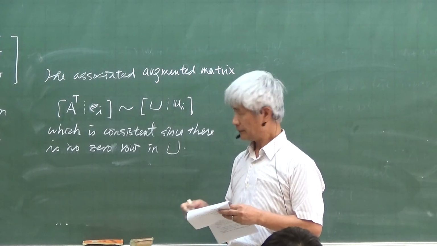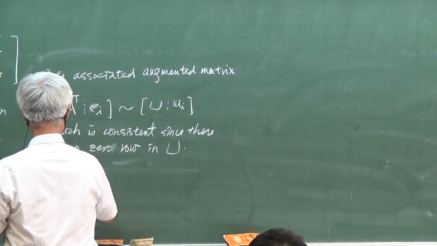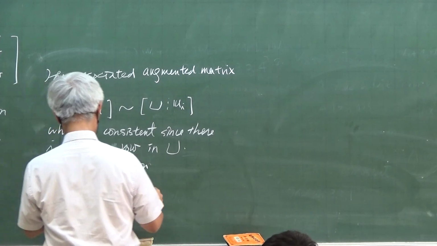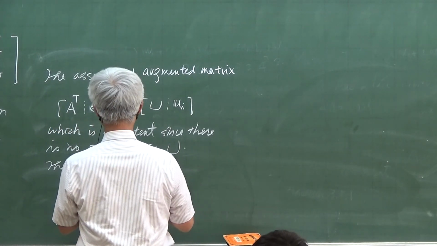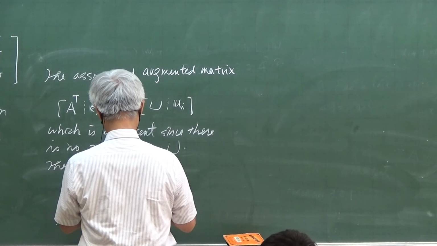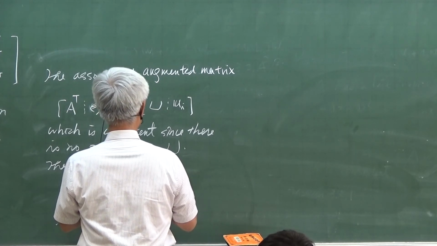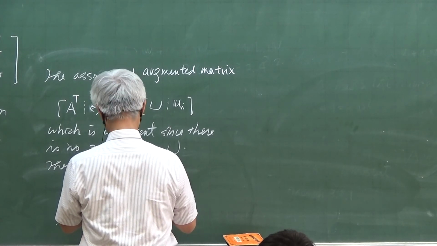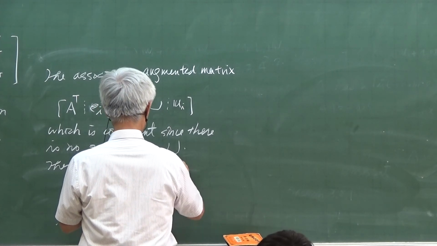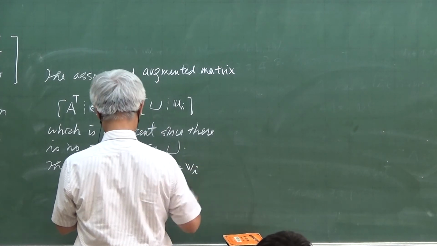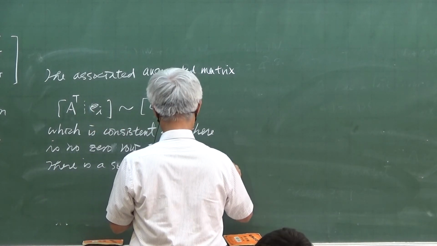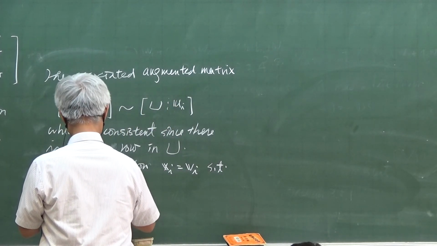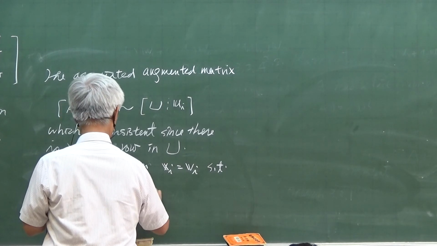Alright, so there is a solution, say xi equal to vi, such that A transpose vi equal to ei.